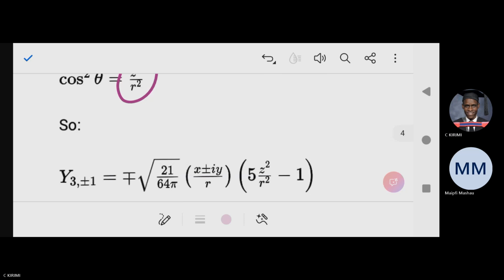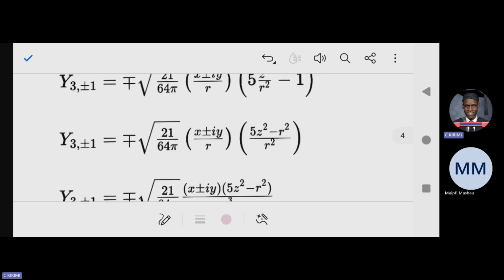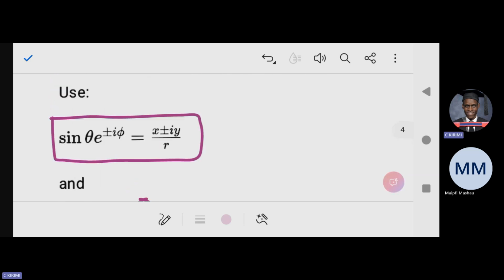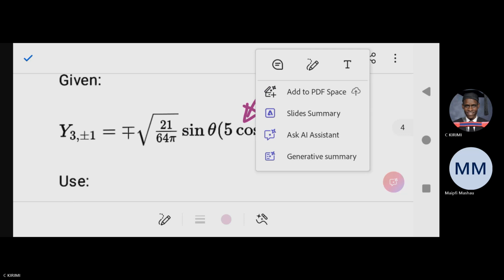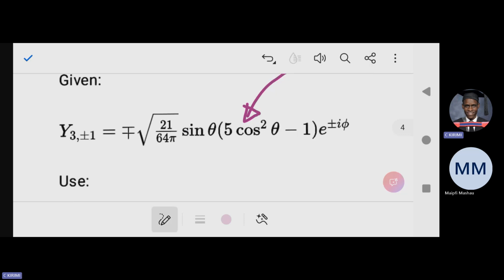Then you need also for sine. So let's check for sine. We said sine theta, this one, sine theta is being multiplied by e. So they moved the e to the outside, but you must know that you can rewrite it next to the sine if you want.